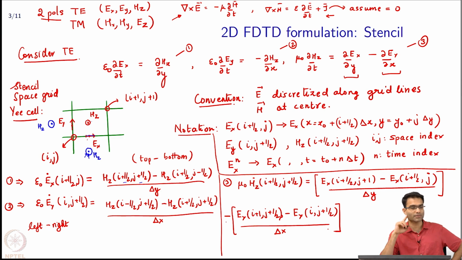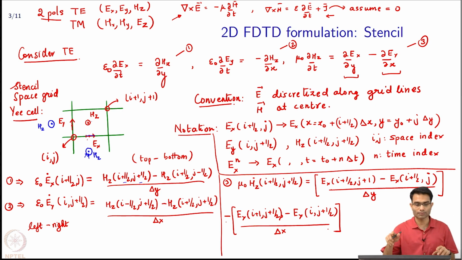Once you keep this grid in mind, it is very geometric. You can just see what minus what and so on. Now you can appreciate why we have staggered Ex, Ey, Hz in such a way, because all three equations are giving me an approximation at the correct point.